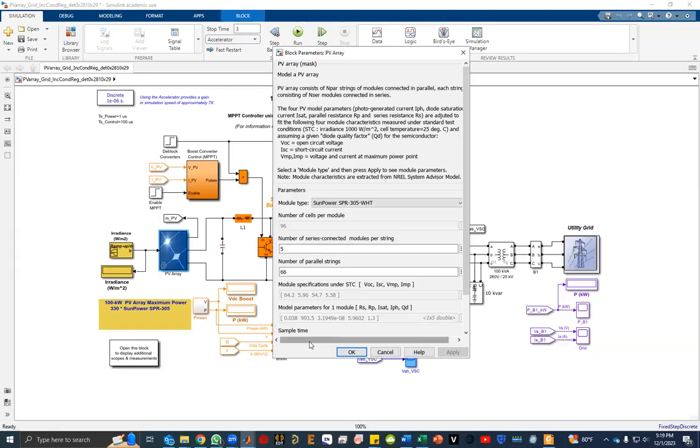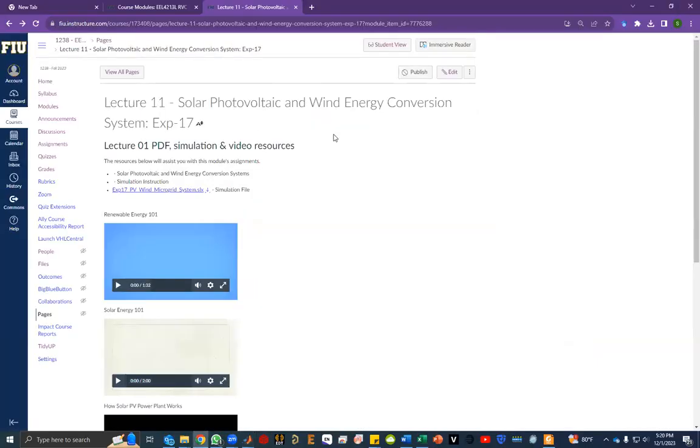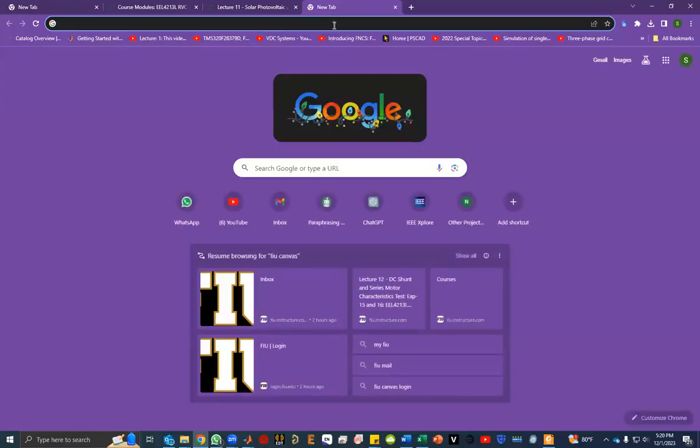Those modules may be 12 volts, 64 volts, 24 volts, so the voltage may be different. But depending on our requirement, we actually connect them in either series or parallel connection. Okay, let me give you an example.